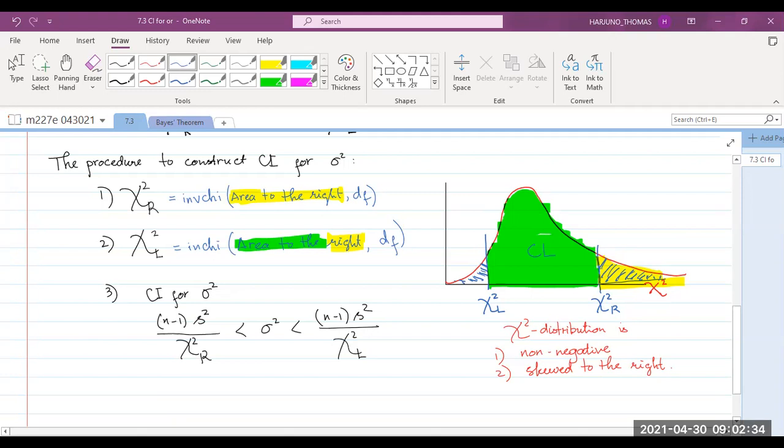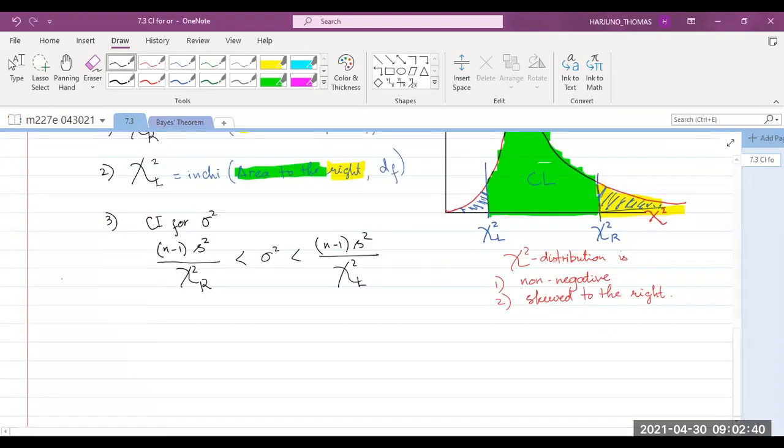Okay, now let's start with the following example. We will do this procedure and then after that we'll do a problem from the book. For example, suppose the sample size is 25, confidence level is 95%, and let's say sample variance to be 2.7.